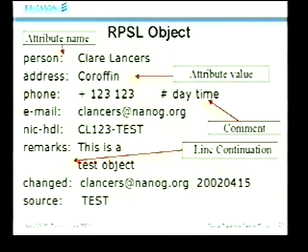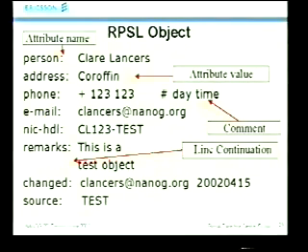This is what uniquely identifies the object, NIC handle, but person is the first attribute. Normally in all the others, the attribute that uniquely identifies the object is first. In the person object, it's different. The person object has the person attribute first, but this person attribute does not uniquely identify the object.